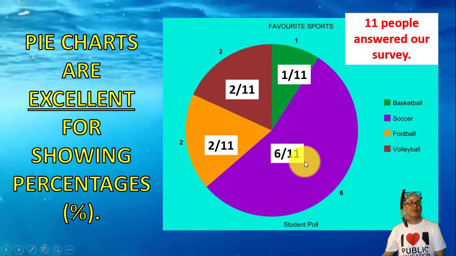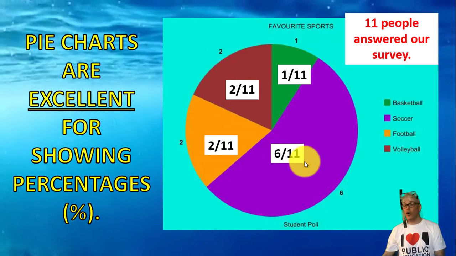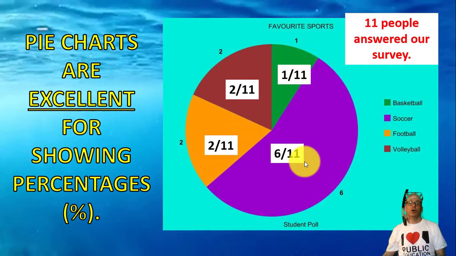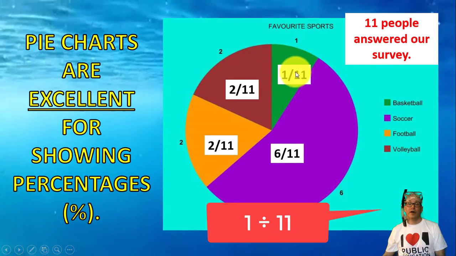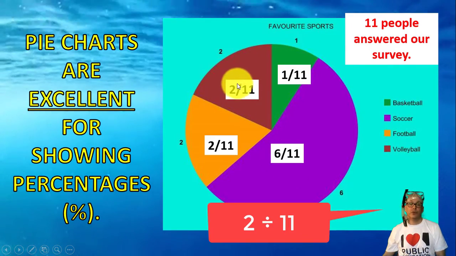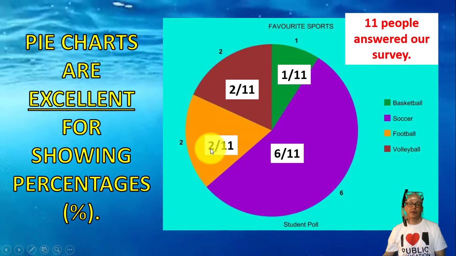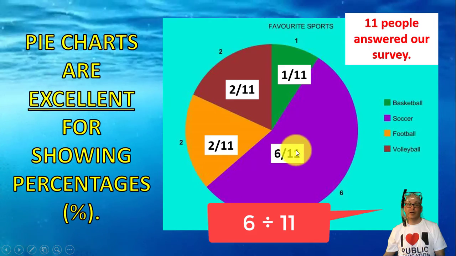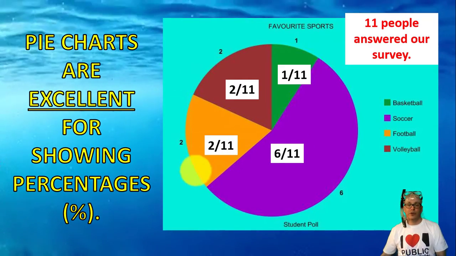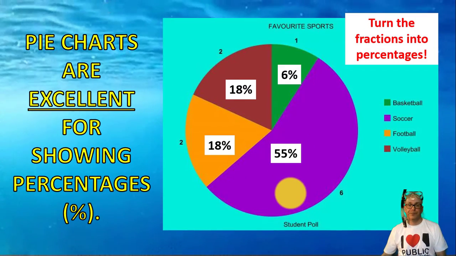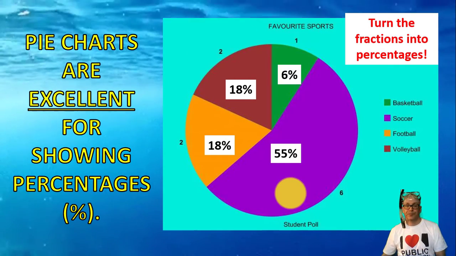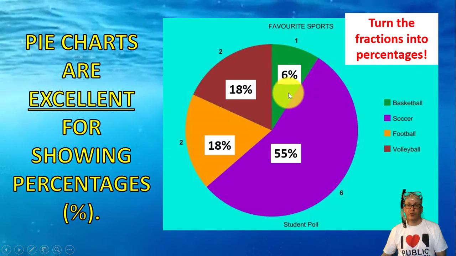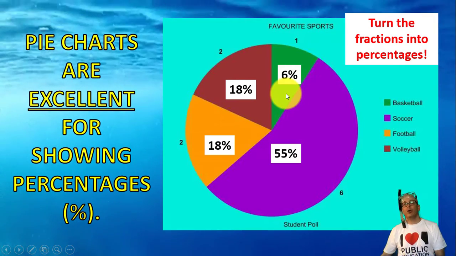Okay? So when we want to find percentages, all you do, get your calculator and go 1 divided by 11, 2 divided by 11, 3 divided by 11, and 6 divided by 11. Let's see, when you use your calculator, what numbers do you get? These are the percentages of the students who liked basketball best.